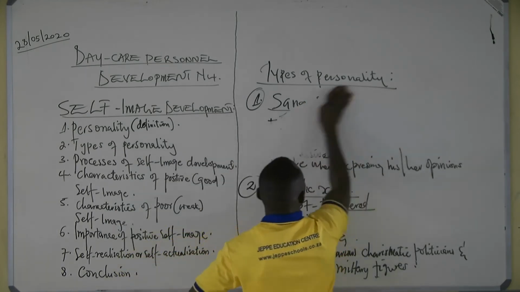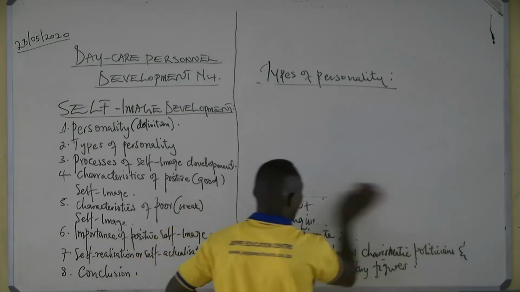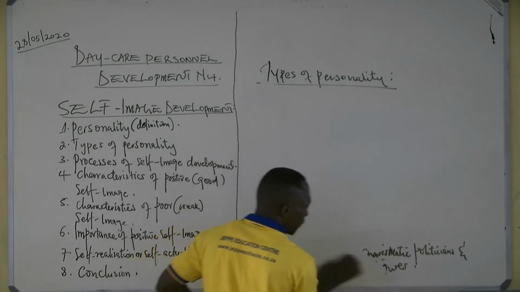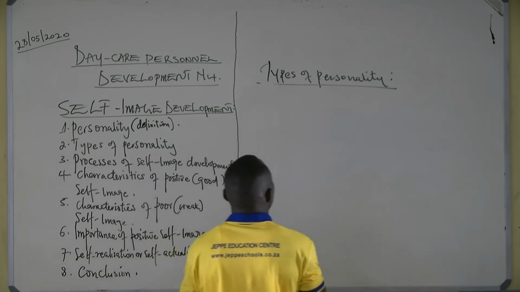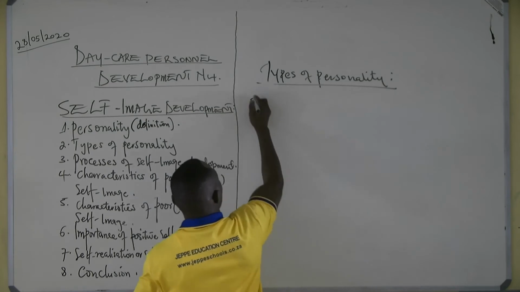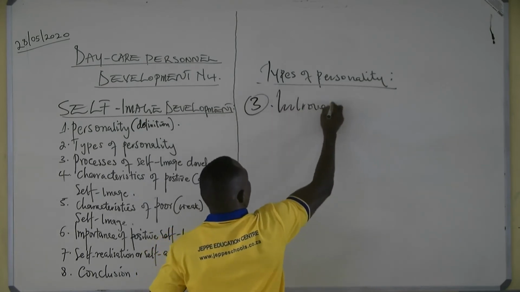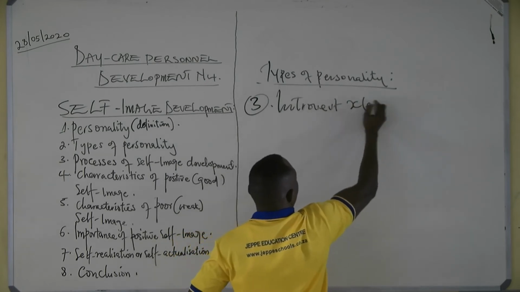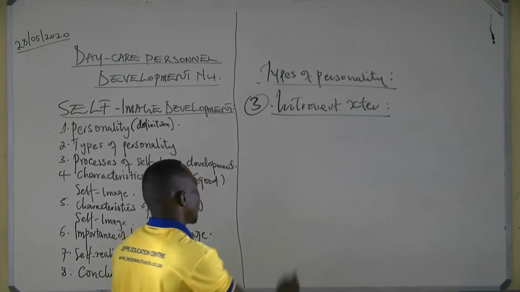Then the third type of personality that we can look at is the introvert. The introvert individual having that introvert character. This is the third, what we call the introvert character.